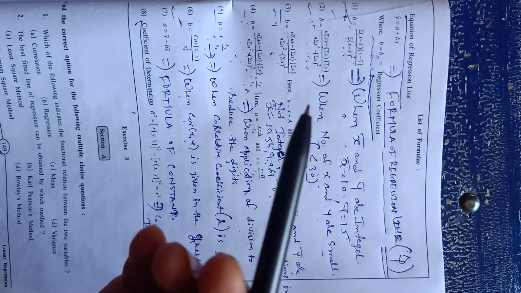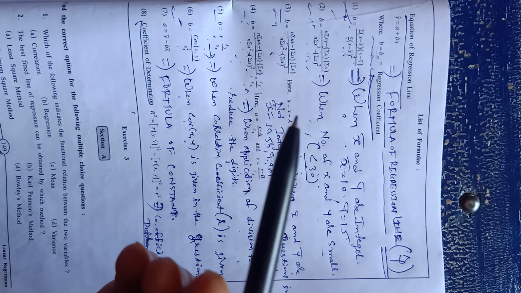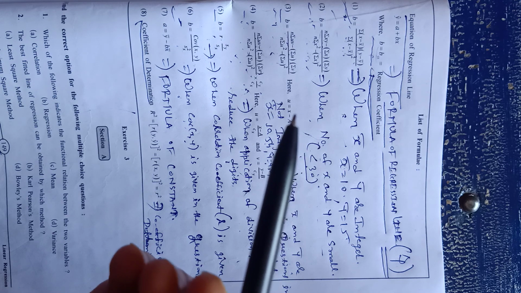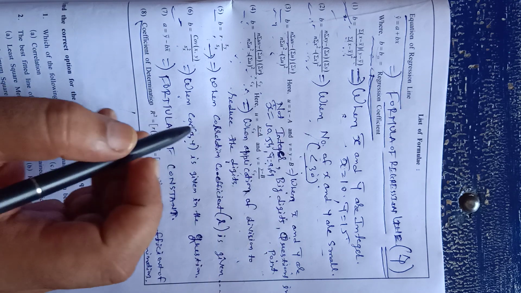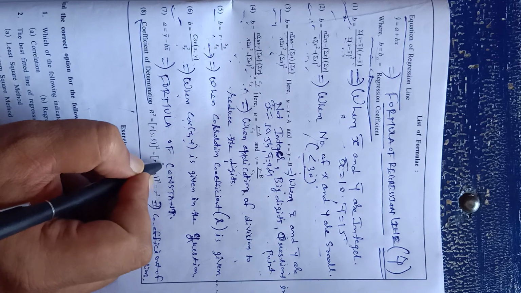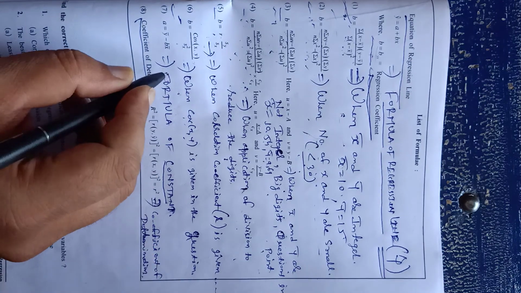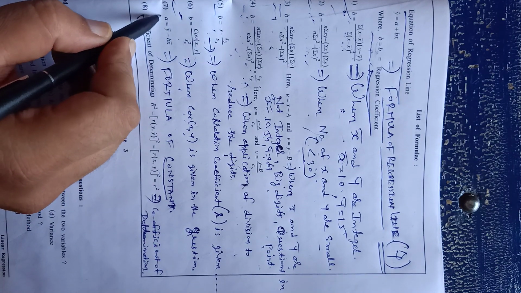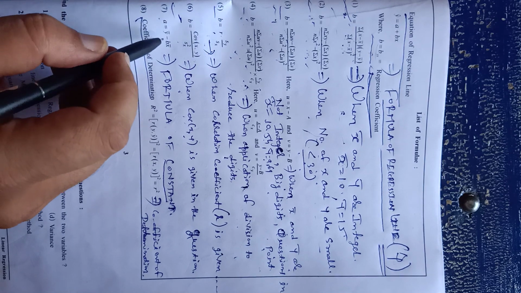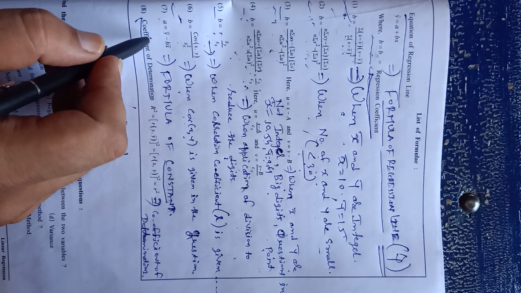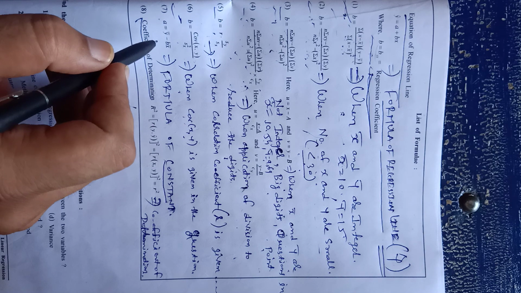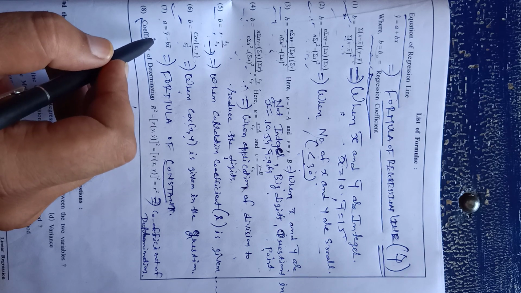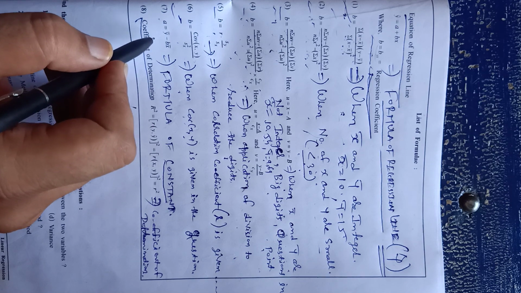Now, after finding the regression coefficient, we have to move toward the formula of the constant. Here is the formula. No need to worry because the constant has only one formula. Only one formula is there to find the constant.